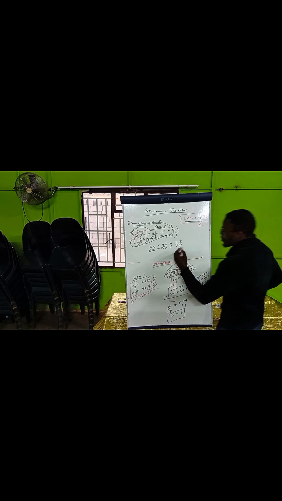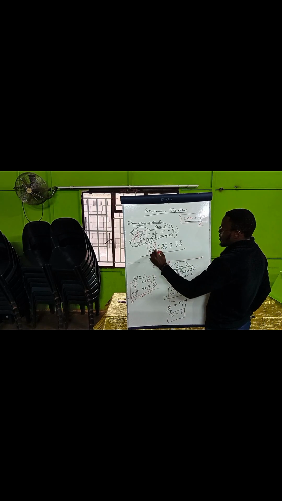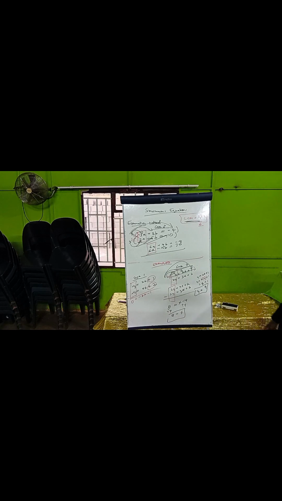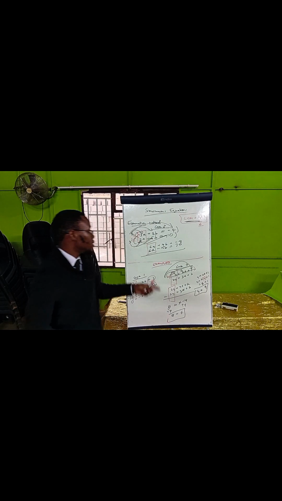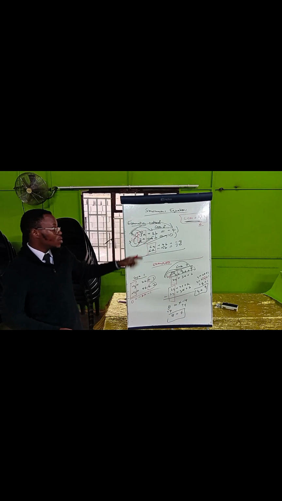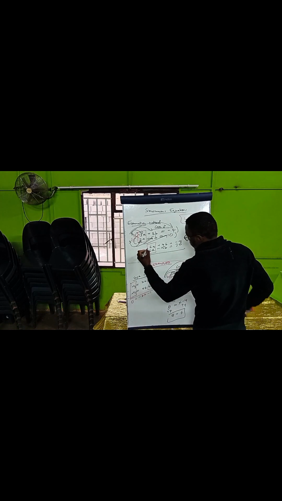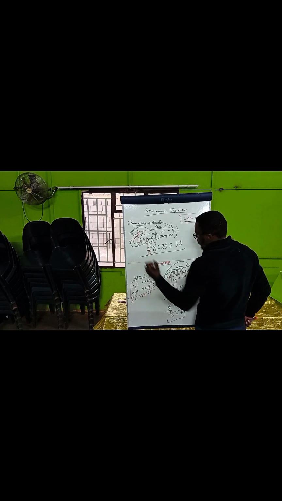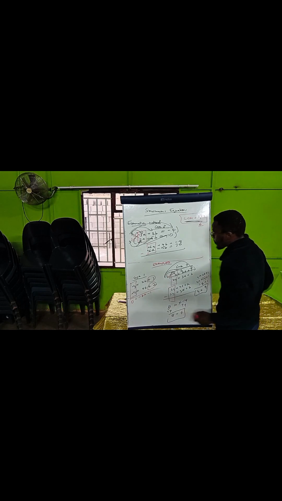Now, since the variable that you have chosen to eliminate is in fact A, you notice that what makes this easy again is that not only are the coefficients the same, but they also have the same signs. This is positive 6A and this is positive 6A as well. So remember, our step 3 said if the coefficients are the same, what do we do? Subtract.